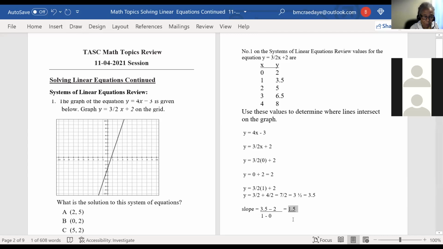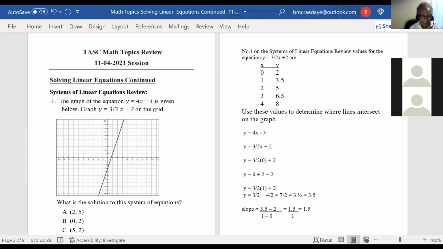So what's the slope? 1.5 over 1 equals what? Any number over 1 is just equal to that number in the numerator, right? So it's 1.5.